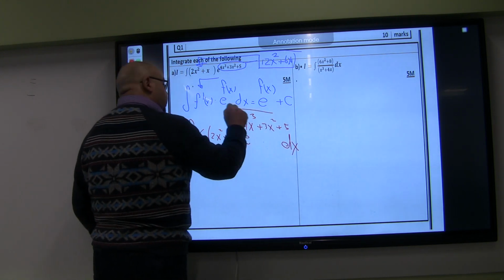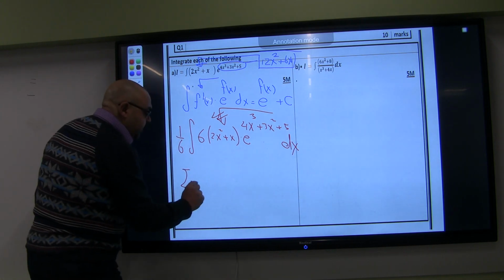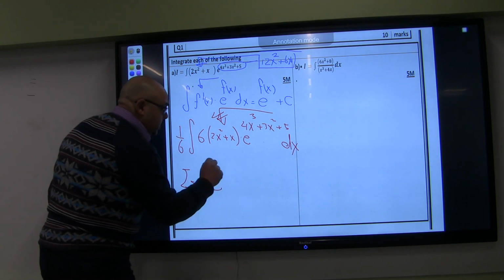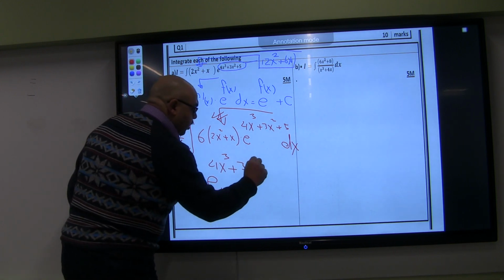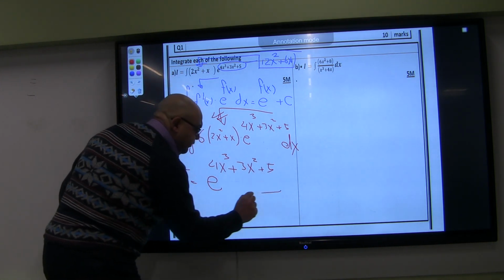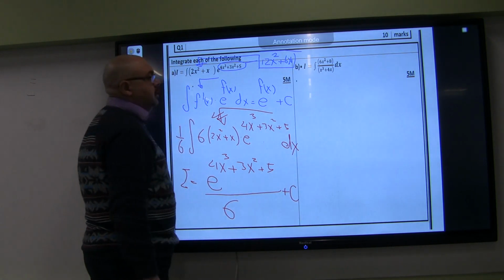Start integrating. The condition is satisfied, so the result I is simply going to equal e to the power of 4x cubed plus 3x squared plus 5, divided by 6. Don't forget to add the integration constant.